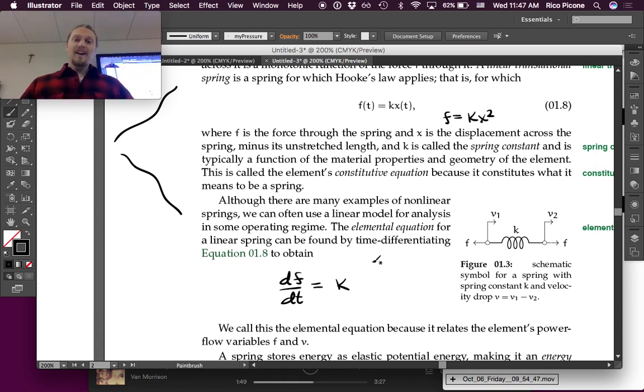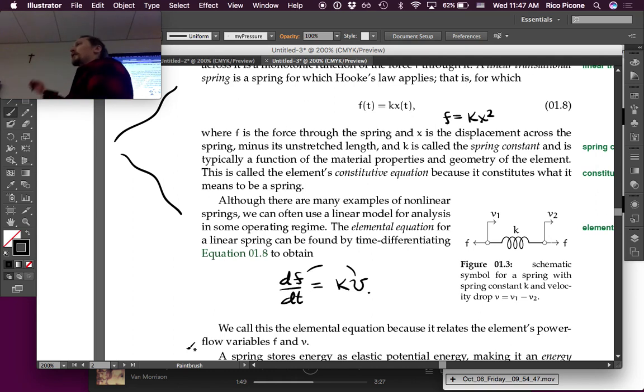What do we call it? Velocity. The reason we call this the elemental equation is that it relates the force and the velocity, which are our two power variables. Just as when we were doing electronic systems, we had an element with an elemental equation that related the current and the voltage.